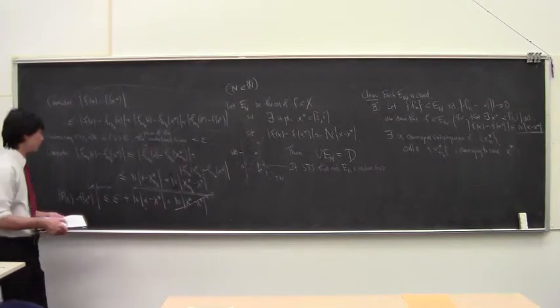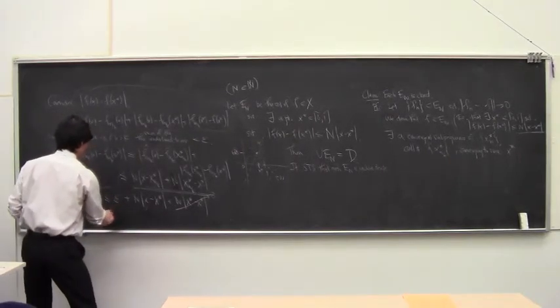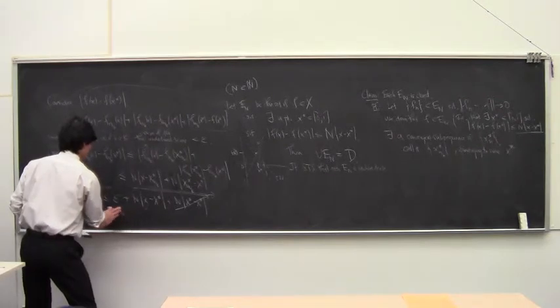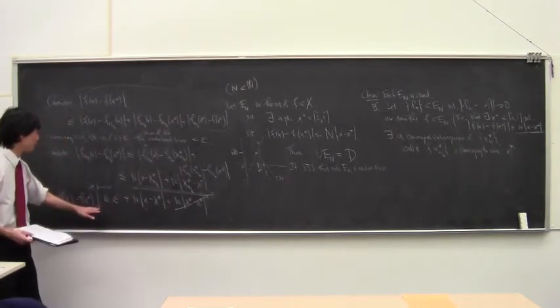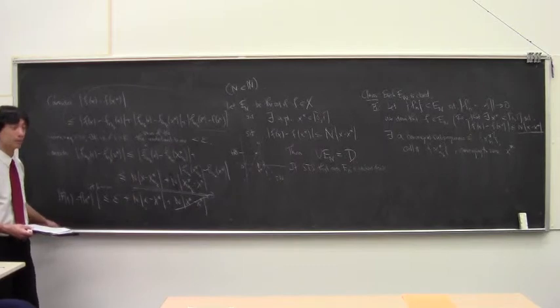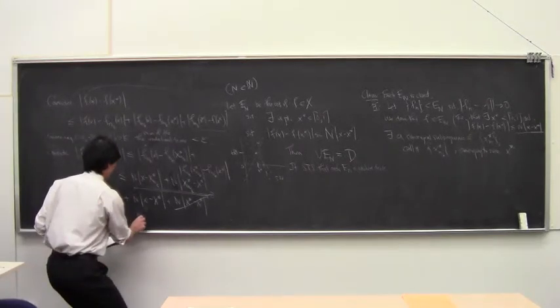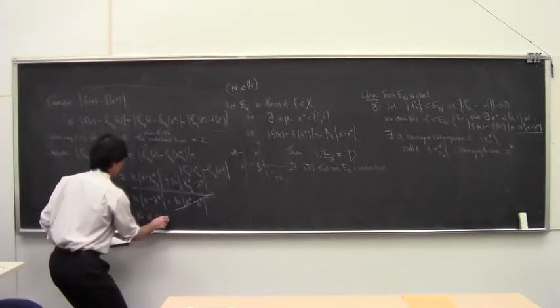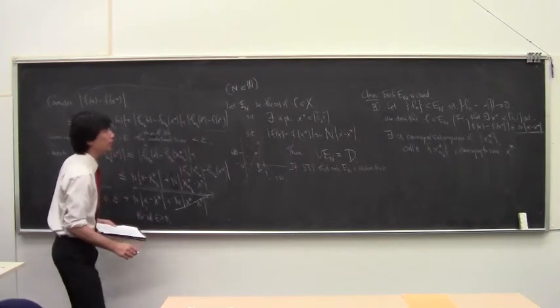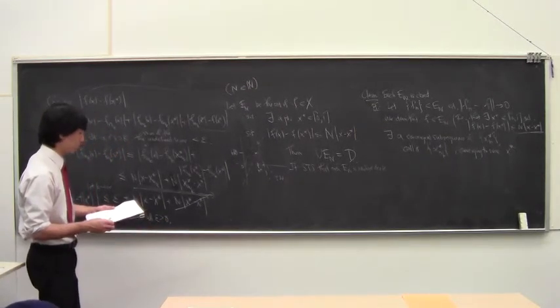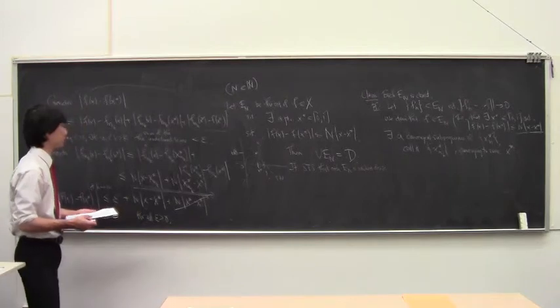And so we get this is smaller than n. Since this is true for all epsilon, we get the bound that we want for all. So we get that that thing actually is closed.